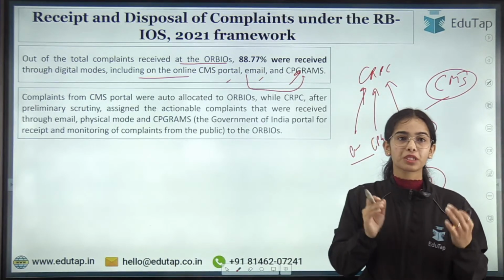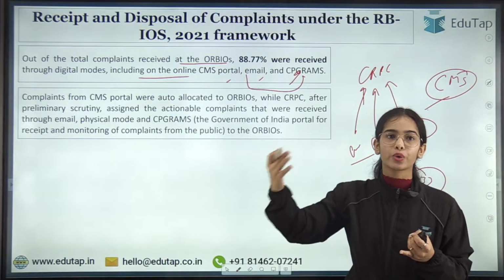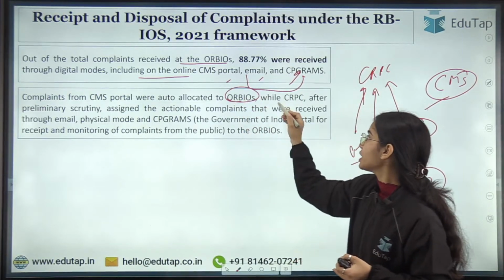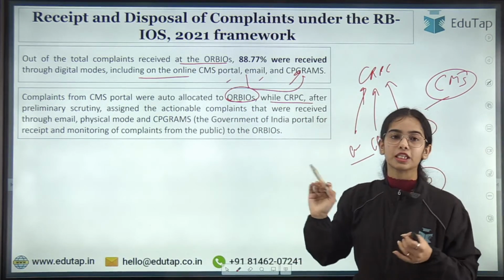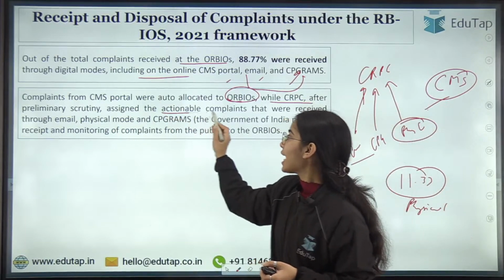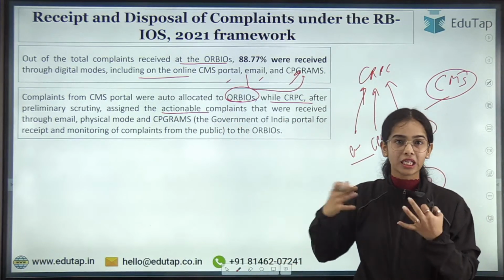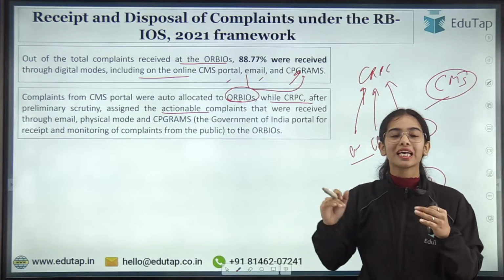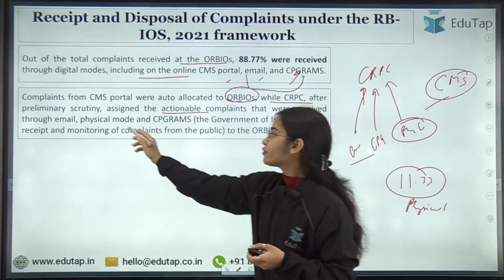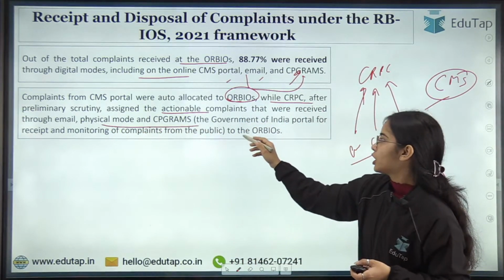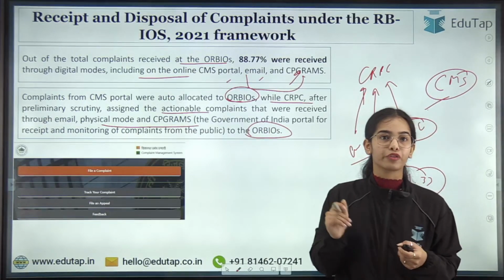Complaints from the CMS portal were auto-allocated to the offices of the Ombudsman, while CRPC, after the initial scrutiny, assigned the maintainable, actionable complaints received through email, physical mode or CPgrams to the offices of the Reserve Bank of India Ombudsman.